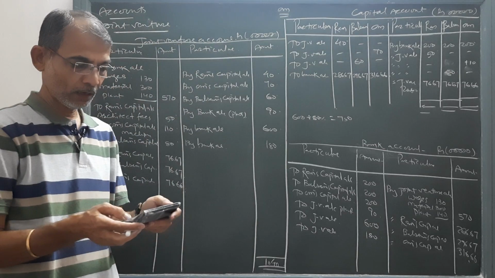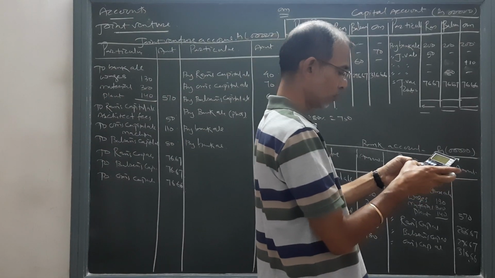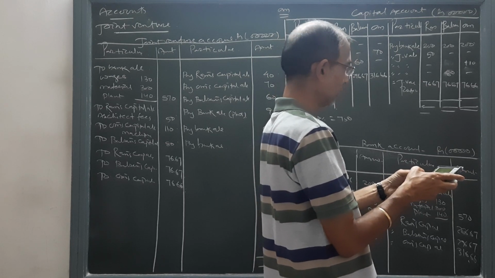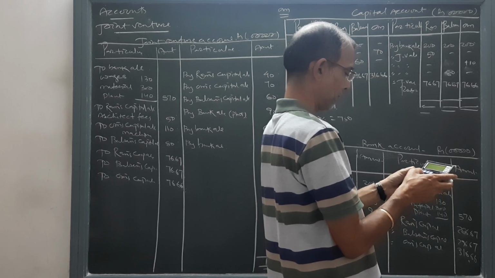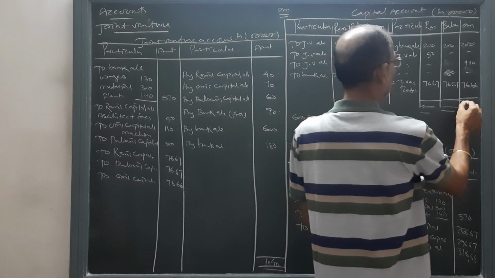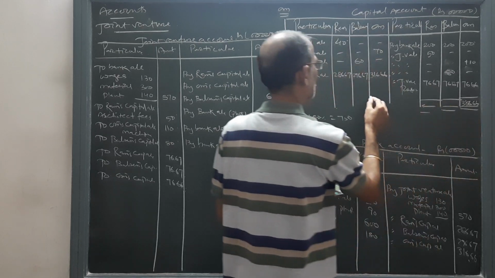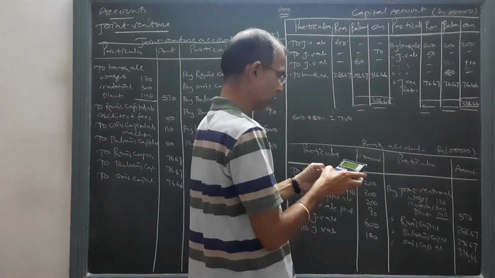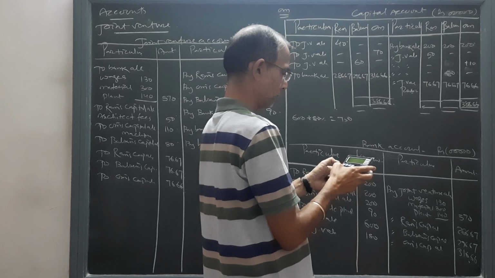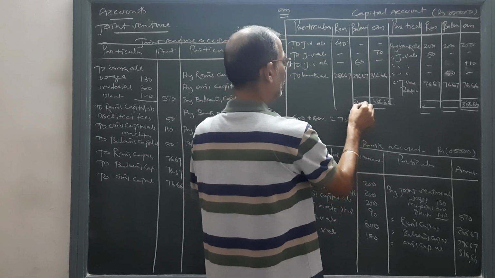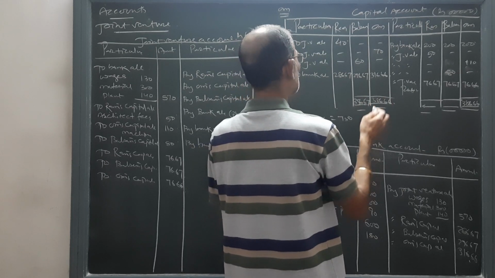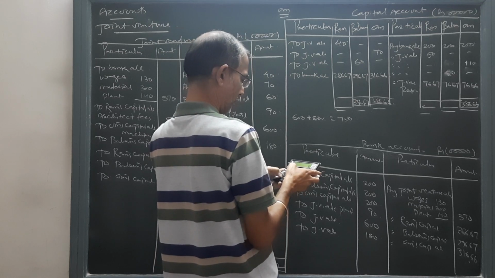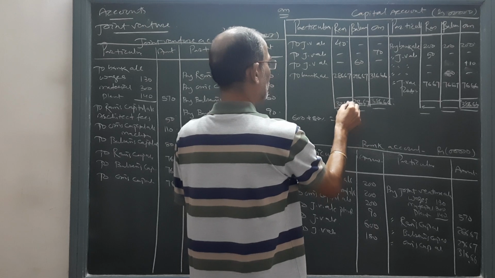316.66. In this way now I have to write the total of all three: 386.66, 356.67, and the total of Ram is 326.67.